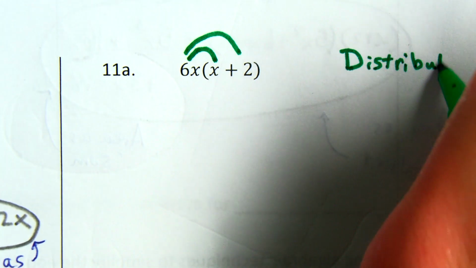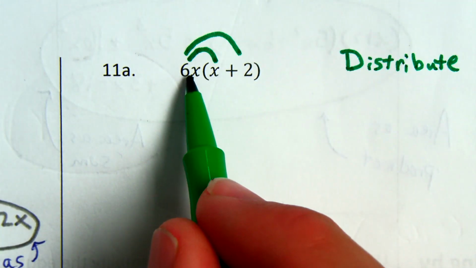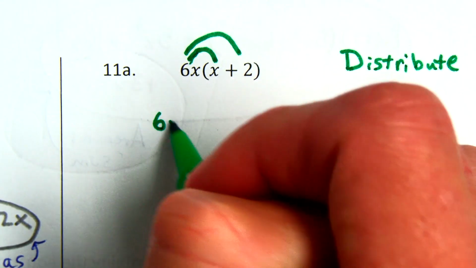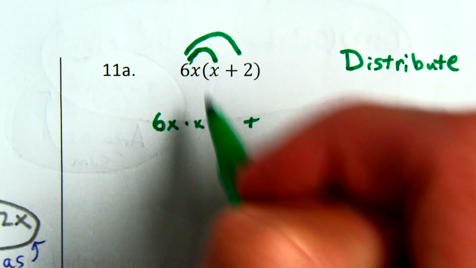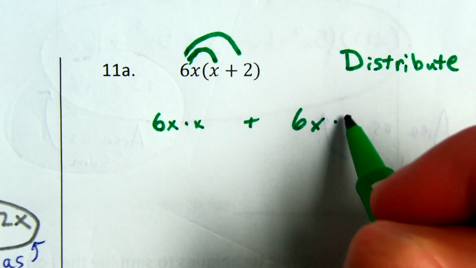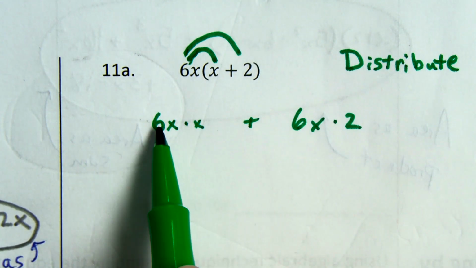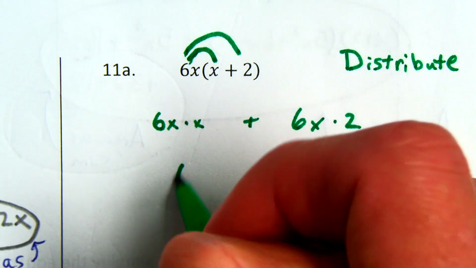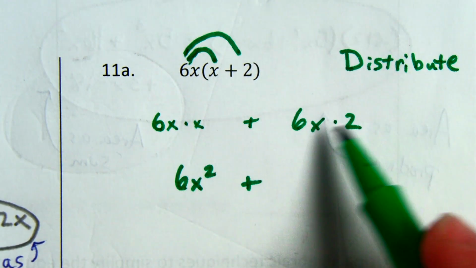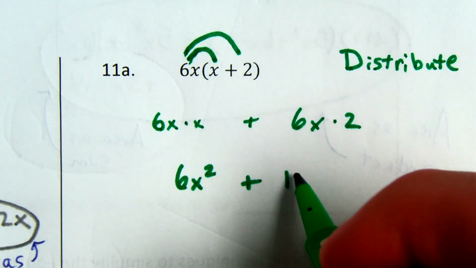This is what it looks like for this situation. So 6x times x, and then you add to that 6x times 2. Okay, 6x times x is 6x squared, plus 6x times 2 is 12x.